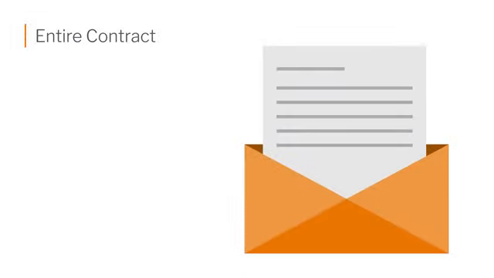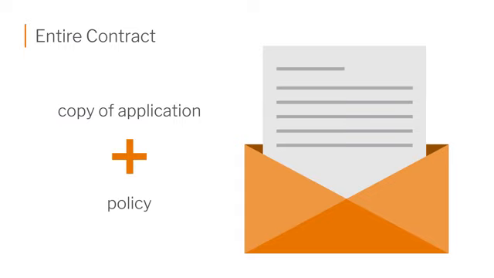The entire contract. Again, this is a kind of a legal thing, if you will. If you go to court, you need to present the entire contract all at one time. What makes up the entire contract? It's the application, that completed application with all the answers, and the policy that was actually created based on the information on the application.